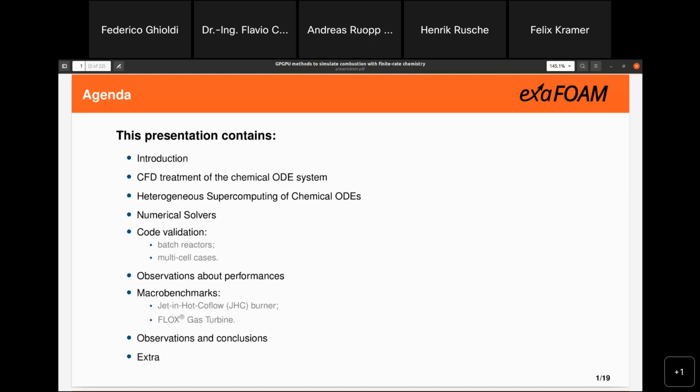GPGPU stands for the possibility of exploiting GPUs with a different programming approach with respect to their common application, which is the graphics field. We exploit the architecture of the GPU, and I will show you how and in which sense, to speed up the solution of these kinds of problems.